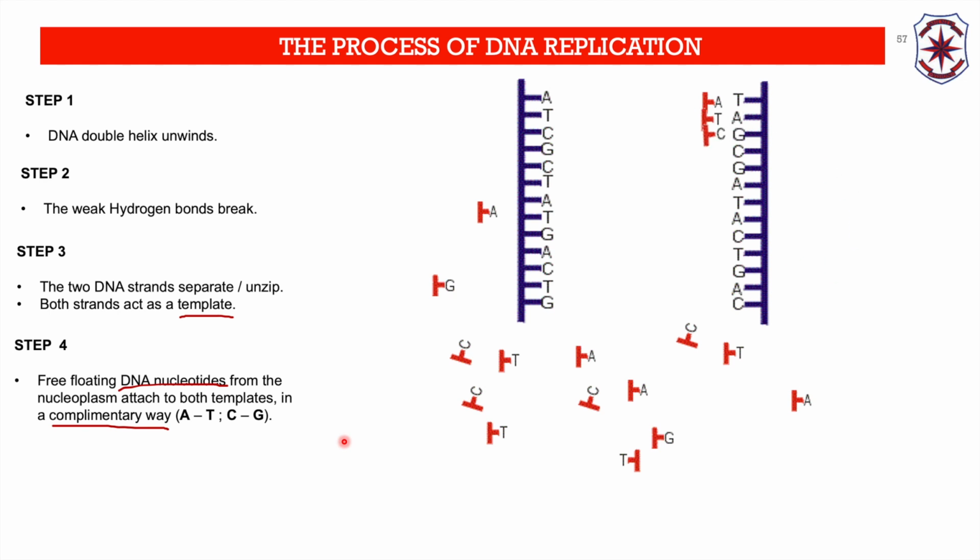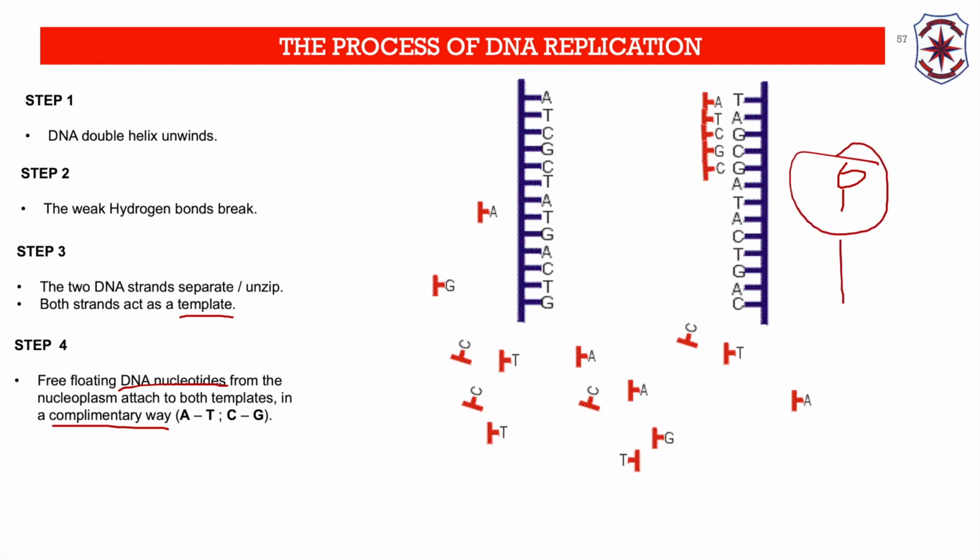Look at what's happening. The free-floating DNA nucleotides, it is the whole nucleotide that is traveling, guys, not just the nitrogenous base. Remember, a nucleotide is made up of a phosphate group.